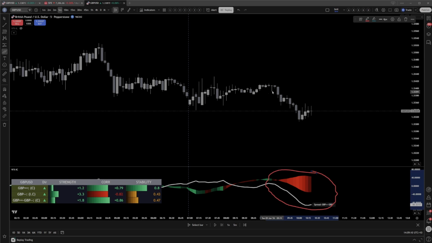Right, so clearly that downward move is over. We've now seen the direction turn long for everything. There's no real strength in it yet. The strength values are still quite low, but let's get rid of this circle here.